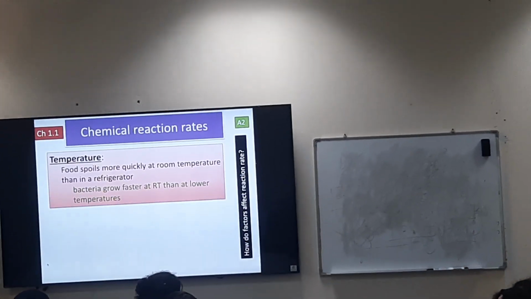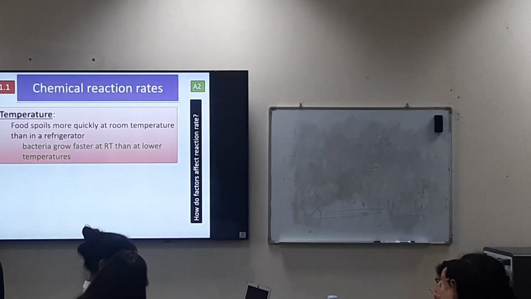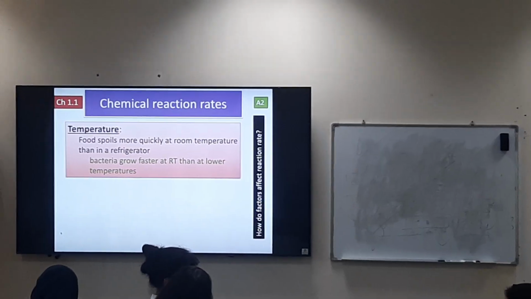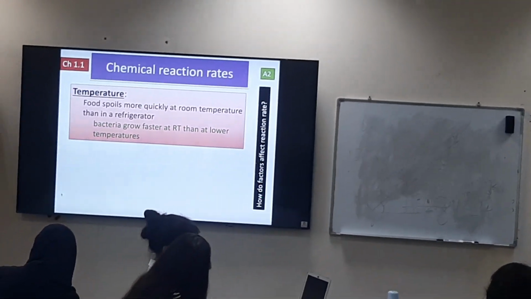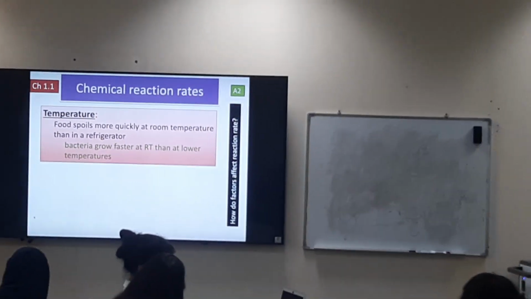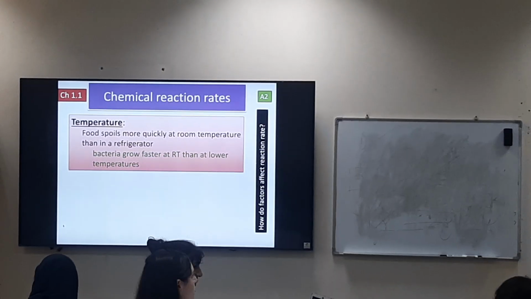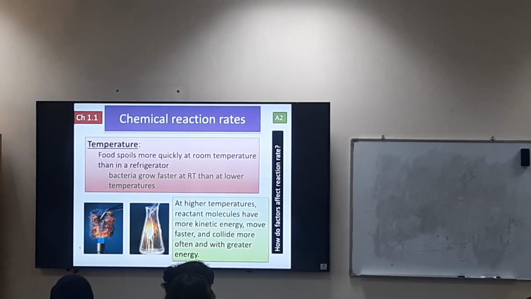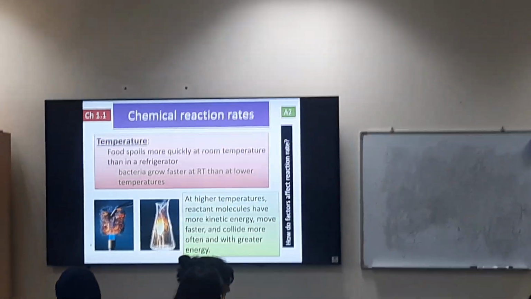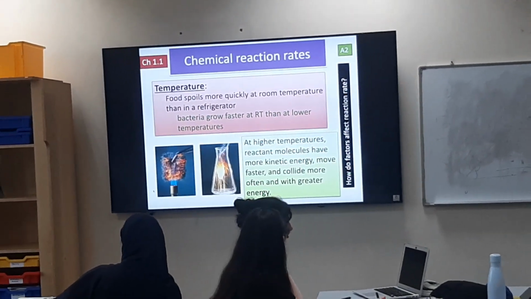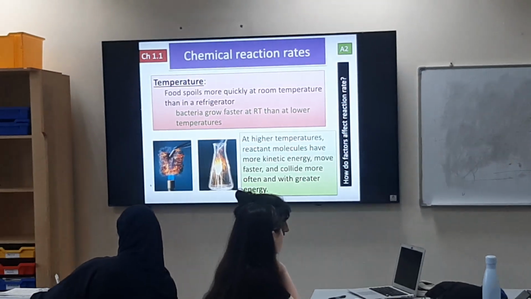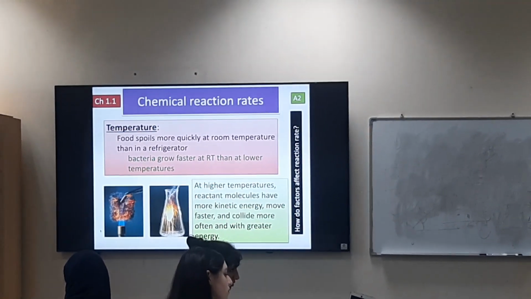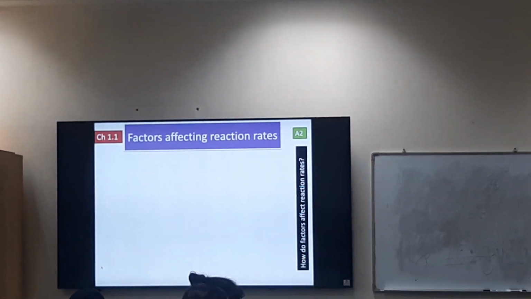So here for temperature, we said food spoils more quickly at room temperature than in a refrigerator, as the bacteria grow faster at room temperature than at a lower temperature. So at higher temperature, the reactant molecules have more kinetic energy, so they move faster, they collide more, so more successful collisions between the reactants and the greater energy.